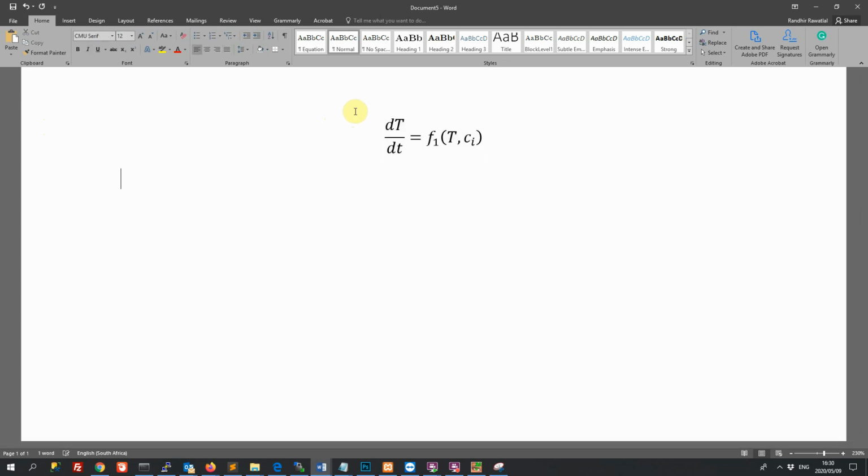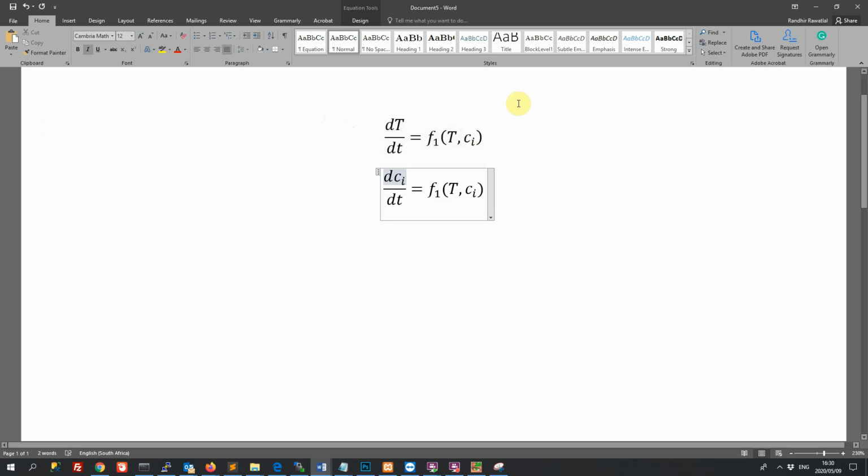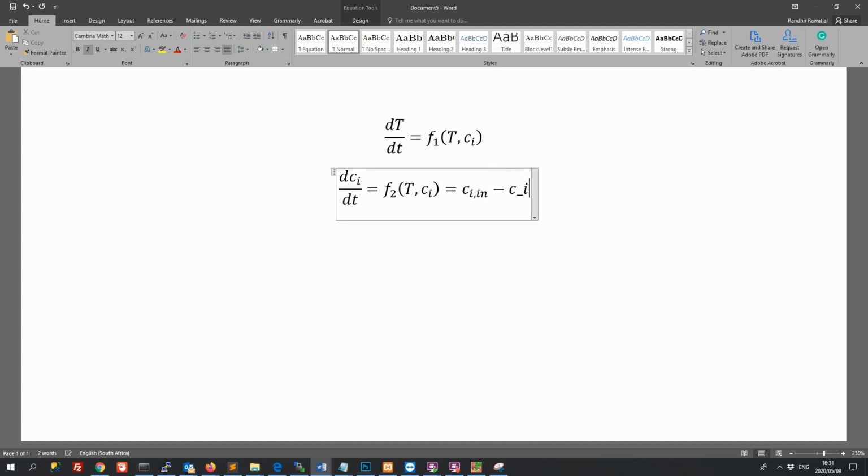So we know that we'll have some equation for the temperature like that. And similarly, we can write another equation for the concentration of some component. So this will be some other function, but it will also be a function of the temperature, because, for example, the reaction rate is a function of temperature, and then the rate will also depend on the concentration. And just for example, quite often, if it's a CSTR, for instance, you'll have seen in the reactor fundamentals course that quite often for the CSTR, you'll get a form that looks like this.